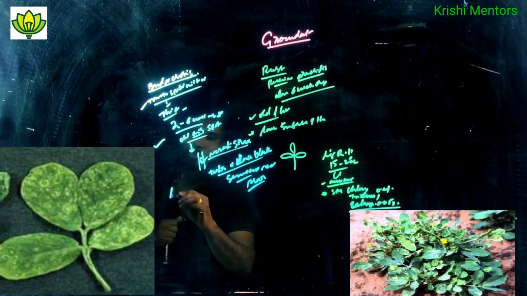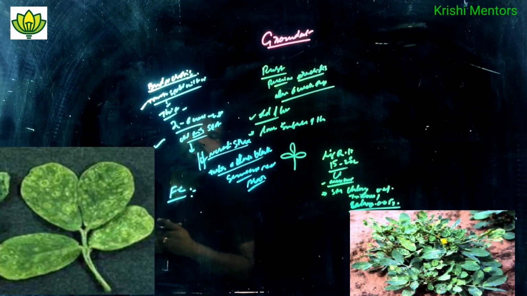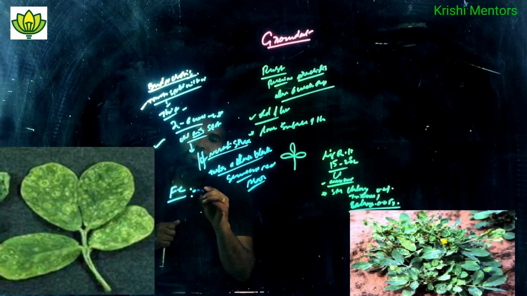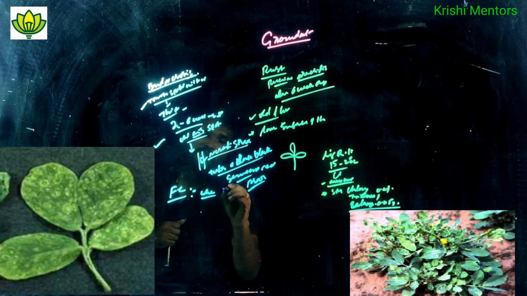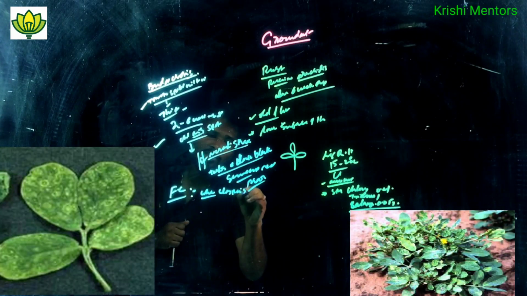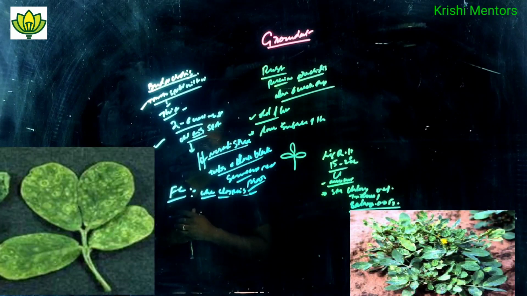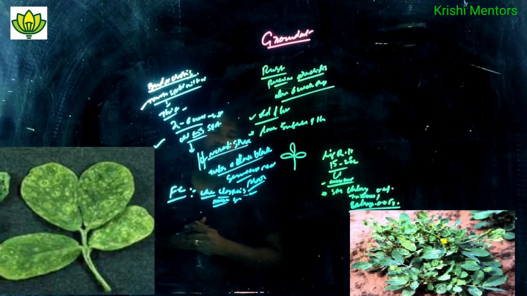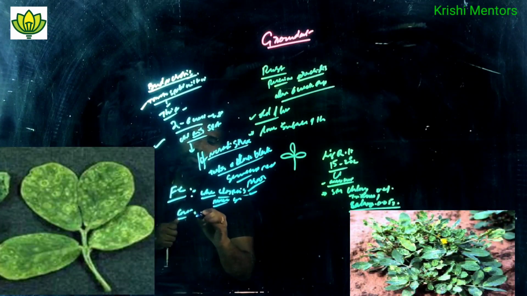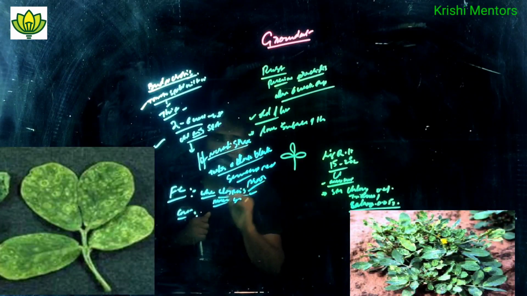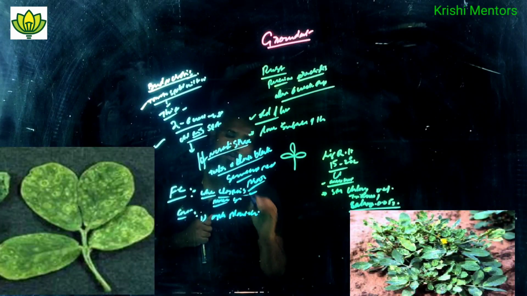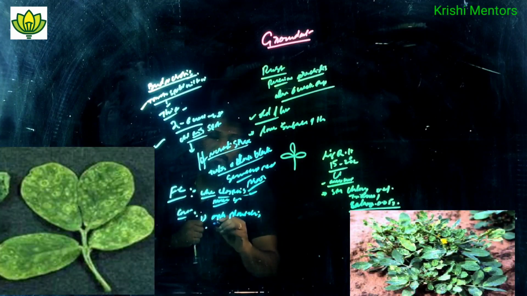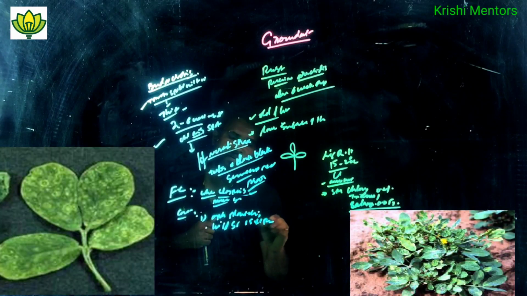So what are the favorable conditions? This disease generally occurs where close spacing is followed, and where monocropping of groundnut takes place. So how to control? First of all, removal and burning of the diseased plant. Then maintenance of the optimum plant population, following wide spacing, that is 15 by 15 centimeter spacing.